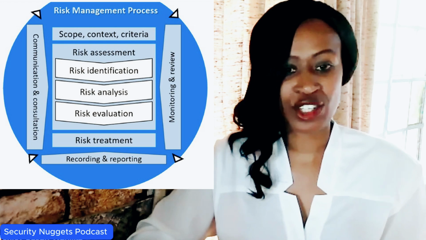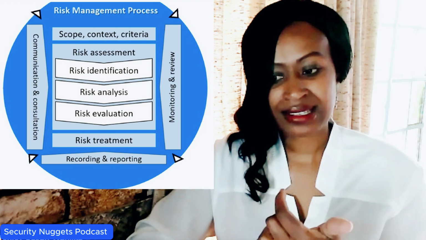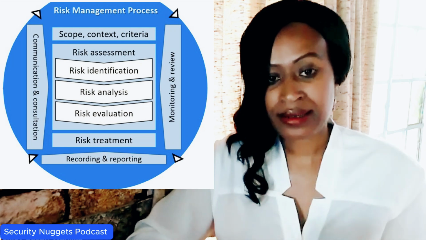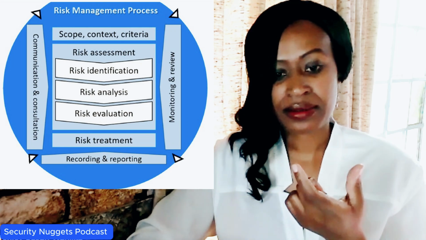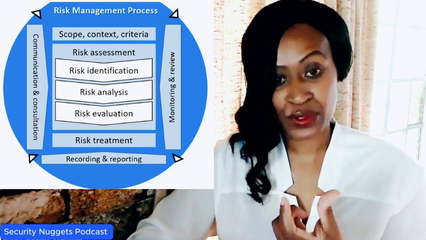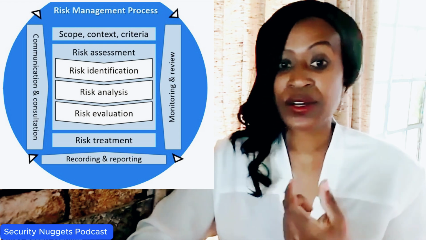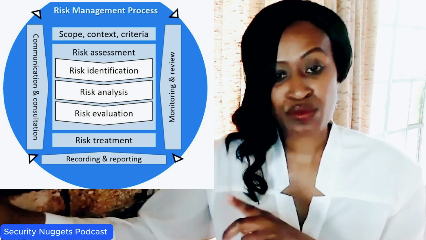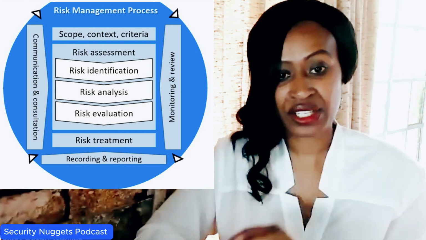If that is an asset that would have more impact when it is interfered with, compromised, or stolen, then that is a critical asset. If the extent of impact would be so severe, then that is a critical asset.